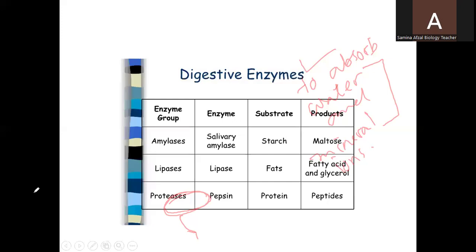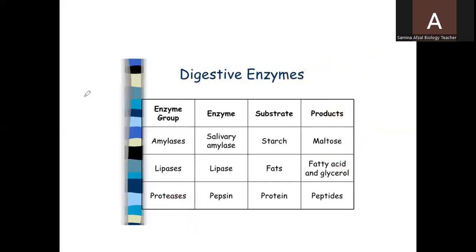Here on screen you can see which types of enzymes there are. Amylase, or salivary amylase, is the enzyme which is secreted, and the substrate is starch, which is digested into maltose, and maltose is further broken down into glucose.